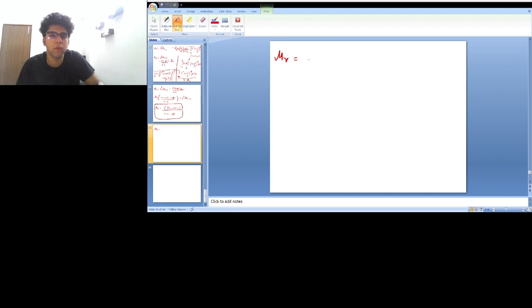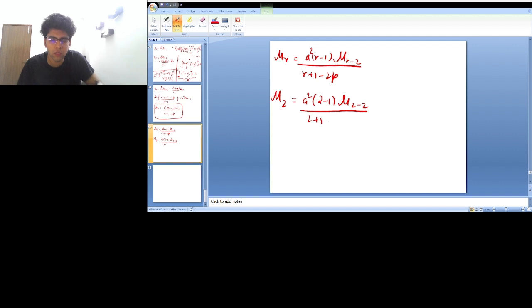So my rth moment is equal to a square r minus 1 mu r minus 2 divided by r plus 1 minus 2p. So my mu 2 will become a square 2 minus 1 mu 2 minus 2 divided by 2 plus 1 minus 2p. I am just writing 2 in place of r. So this will give me a square mu 0 divided by 3 minus 2p, right?